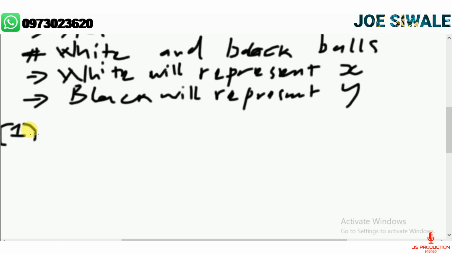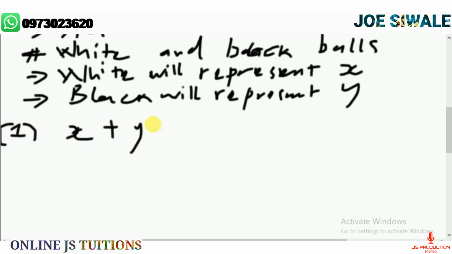So the first situation, if you are told that the number of white boards and the number of black boards altogether must be at least 20. In that particular case, we know that white is x, we'll say, plus our black is y.